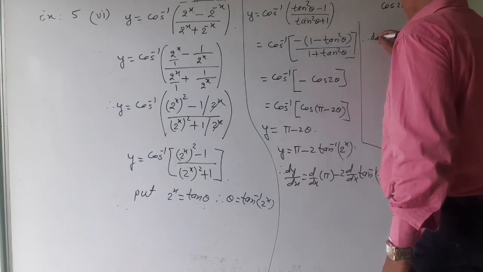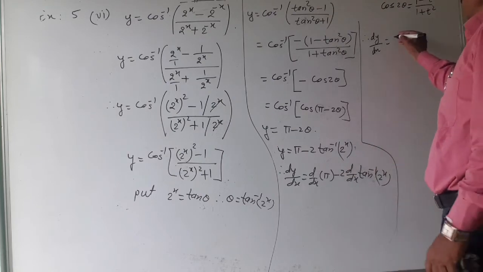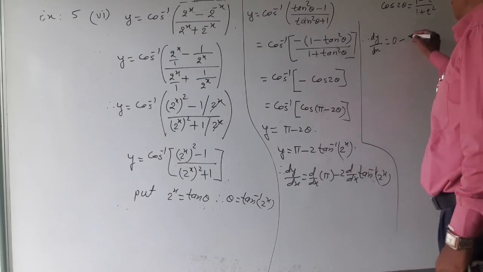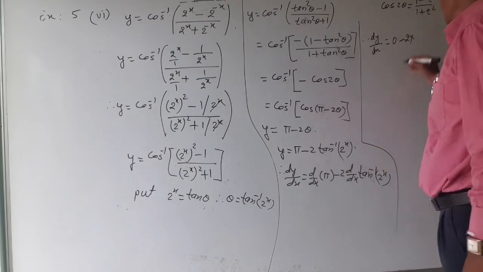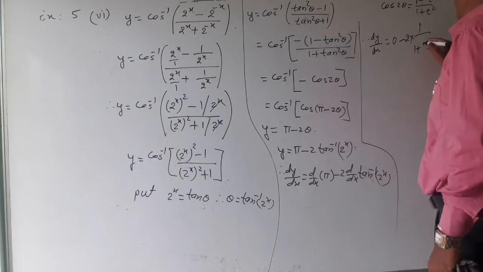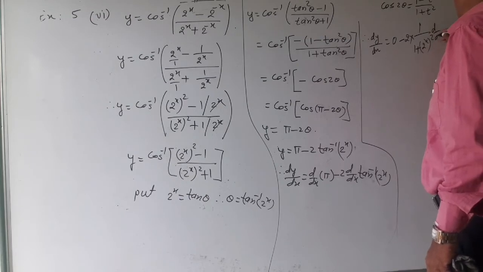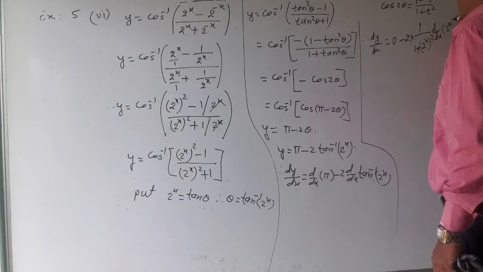Therefore, dy by dx is equal to derivative of pi is 0, minus 2 into derivative of tan inverse, which is 1 upon 1 plus x square, at the place of x is 2 raised to x, its square, into d by dx of 2 raised to x.